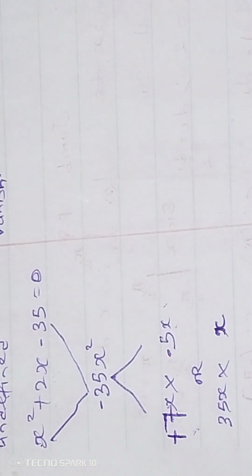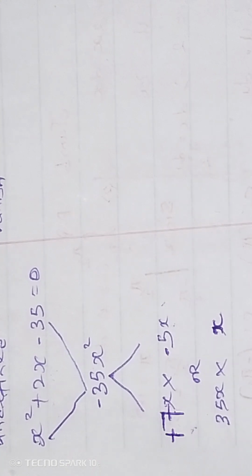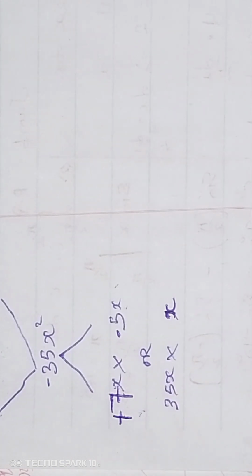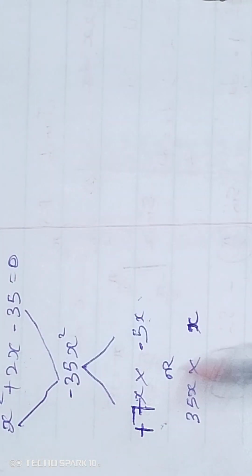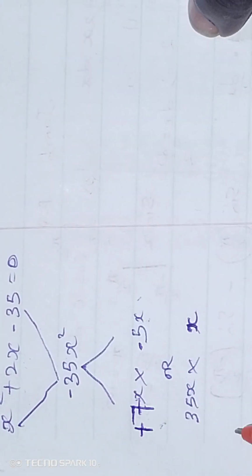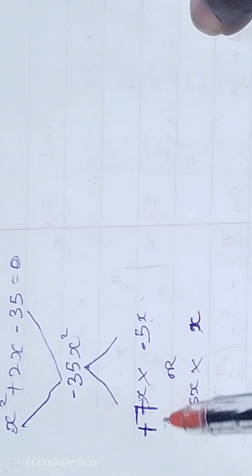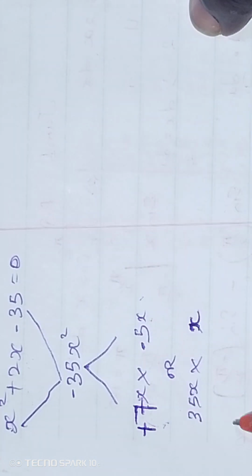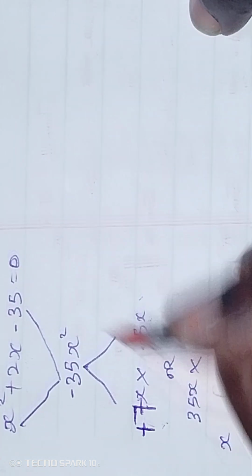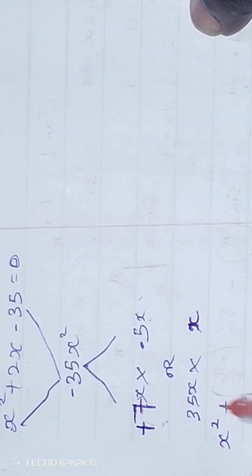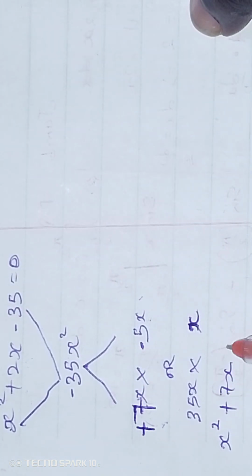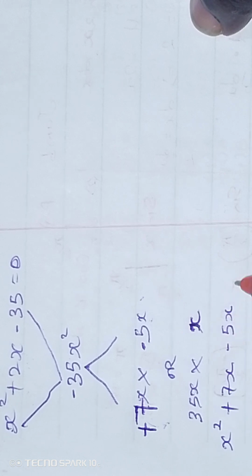It means the factors we'll be using here are plus 7x and minus 5x. So we replace plus 2x with plus 7x and minus 5x. That will turn this entire quadratic equation into x squared plus 7x minus 5x minus 35.